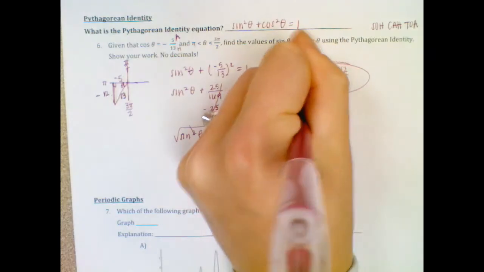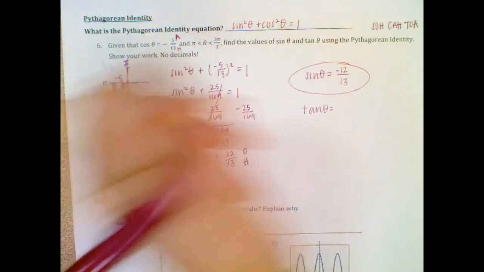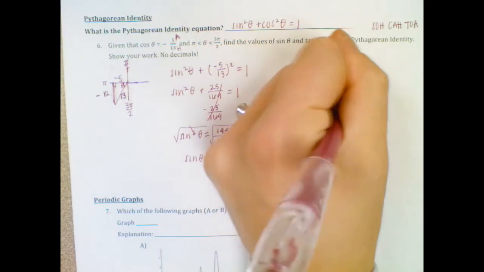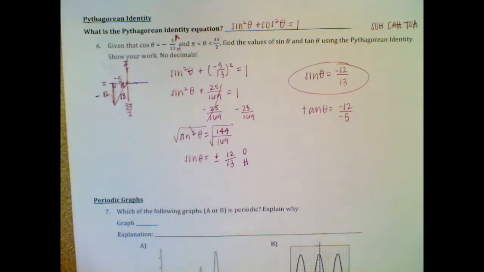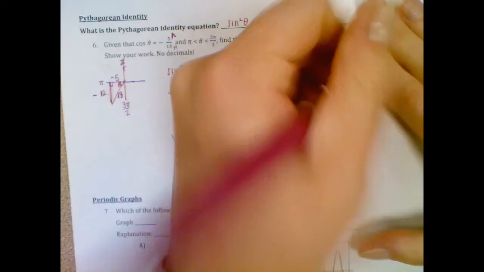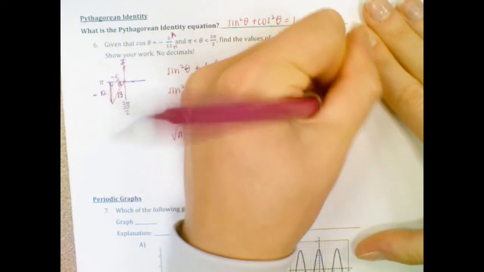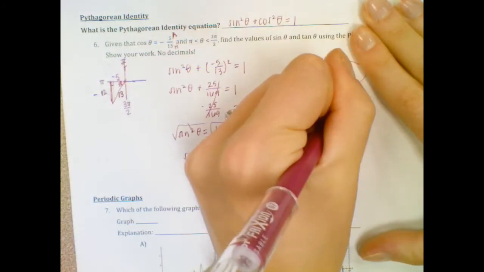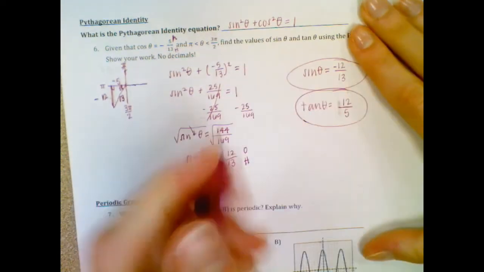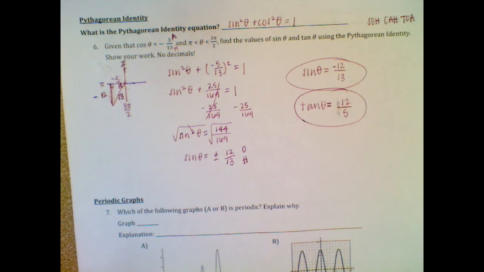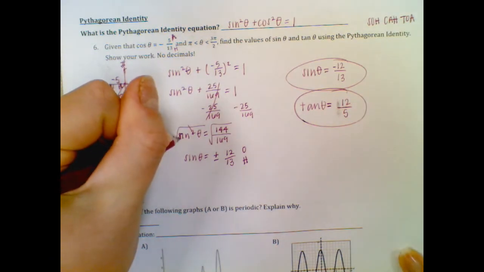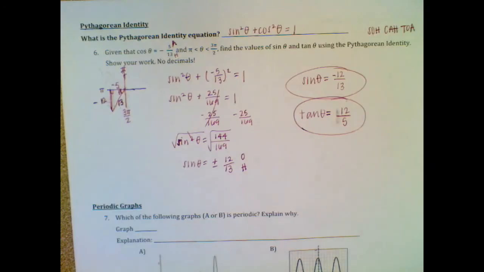Okay, tangent of theta is opposite, negative 12, over the adjacent side, so negative 5. When you divide two negatives by each other, you get a positive. So it's 12/5. Okay, not too bad. Just make sure we know how to use that formula and how to solve. Like we know the algebra behind it, okay?